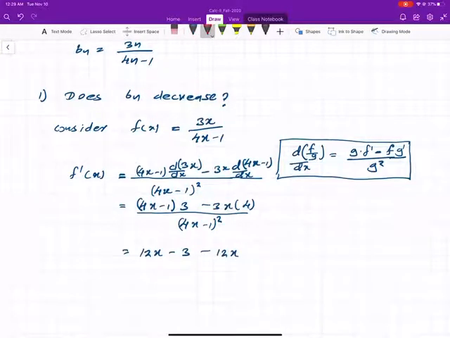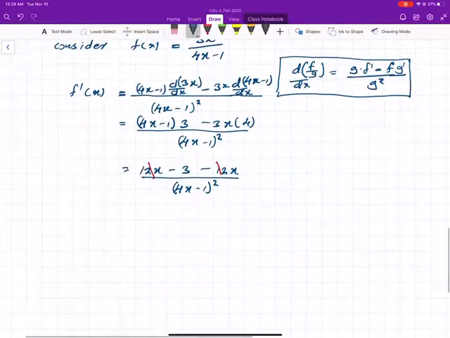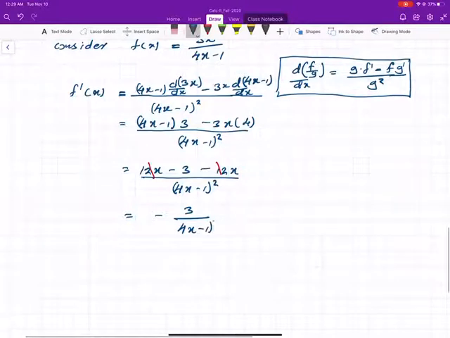You can cancel this 12x with that 12x, and the denominator is 4x minus 1 squared, so this is minus 3 over 4x minus 1 squared.